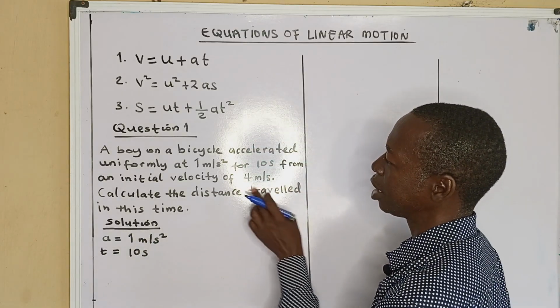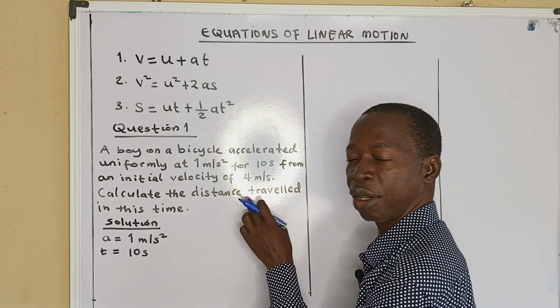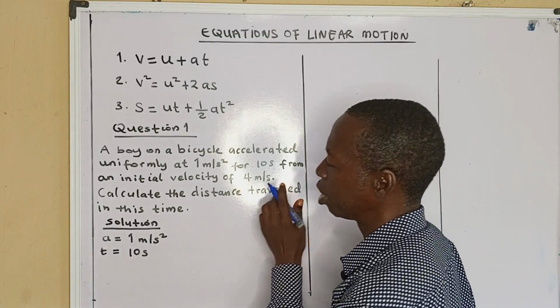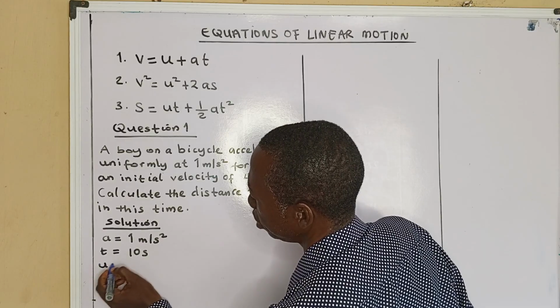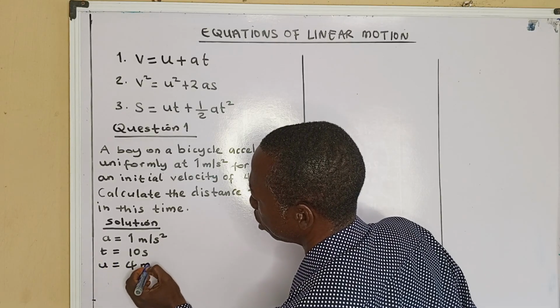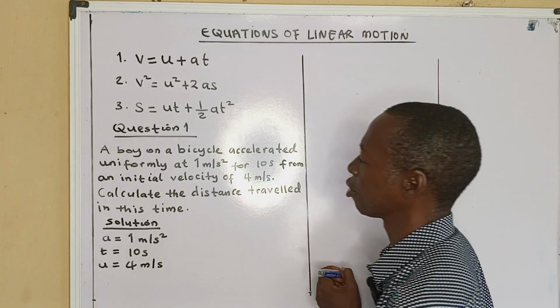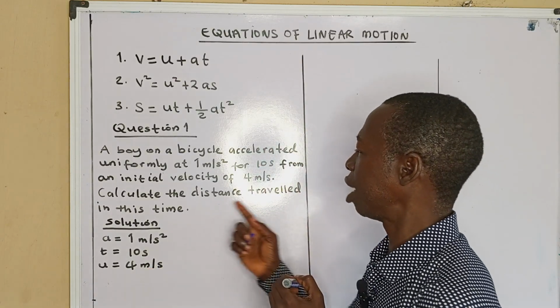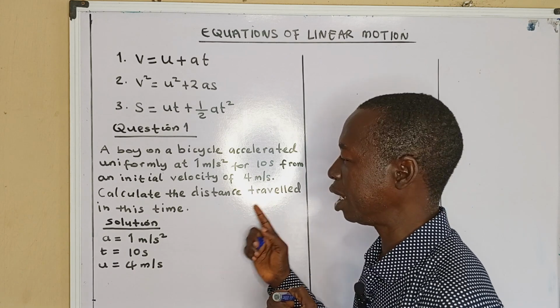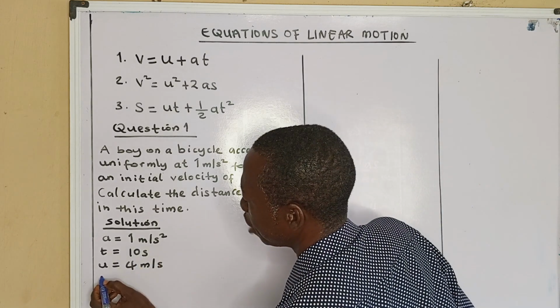Then it says from an initial velocity of 4 meters per second. So that is u. u is 4 meters per second. Now we are asked to calculate the distance traveled in this time. So we are looking for s.